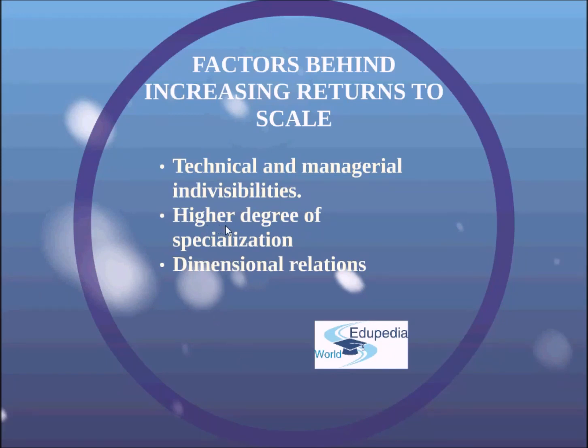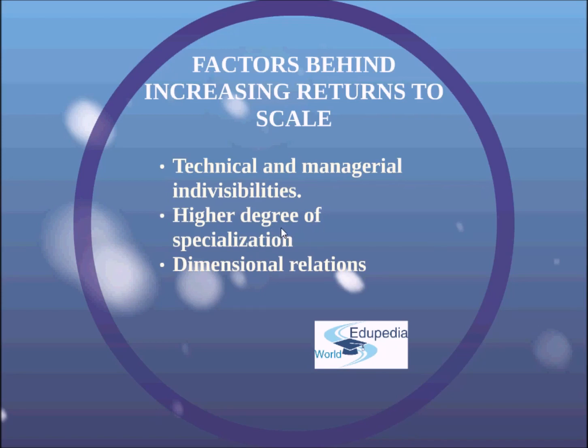Next factor is higher degree of specialization. When the scale of production increases, we can go for specialized labor for each and every department. For example, we can set up a finance department, we can form an HR department, production department, marketing department, and we can have separate managers for all these departments who have a special expertise in the field they are managing.